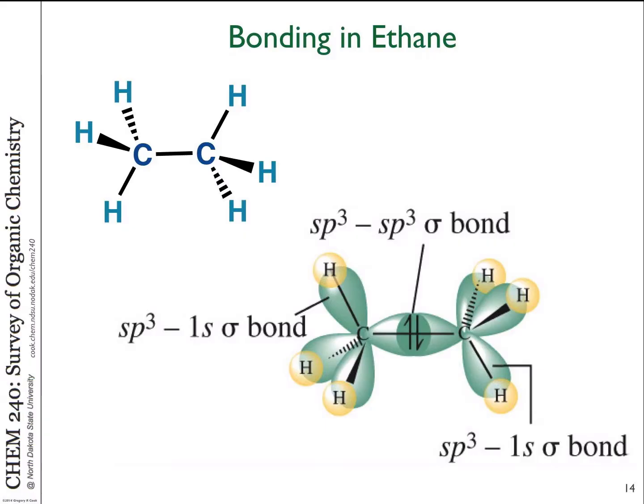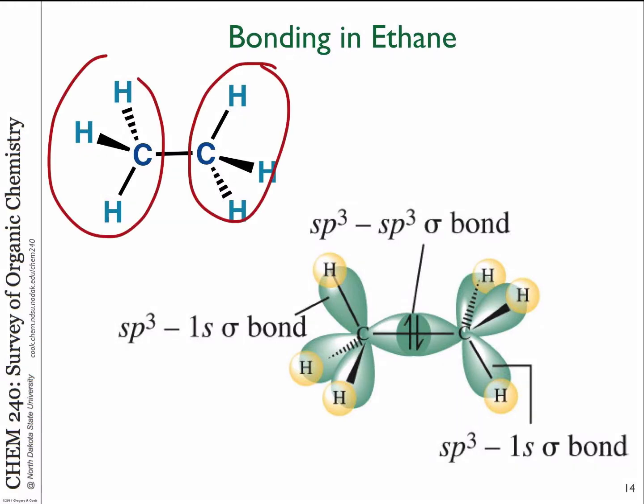So when we mix these orbitals and form sp3 hybrids of those orbitals, in this case we have 2 carbon atoms, one here and one here. They're still tetrahedral in shape, but now what we have is a bond between the 2 carbons, where instead of taking an sp3 orbital and overlapping with an s of a hydrogen, we've taken an sp3 orbital from one carbon and overlapped it with the sp3 orbital of another carbon to form a bond between them.